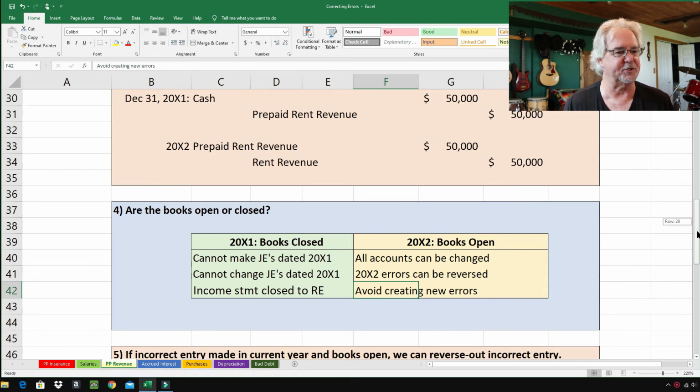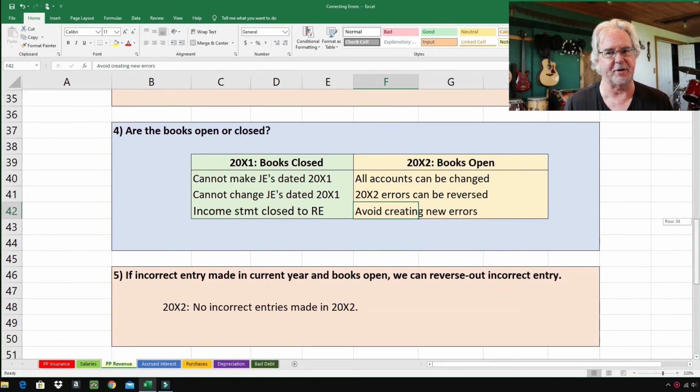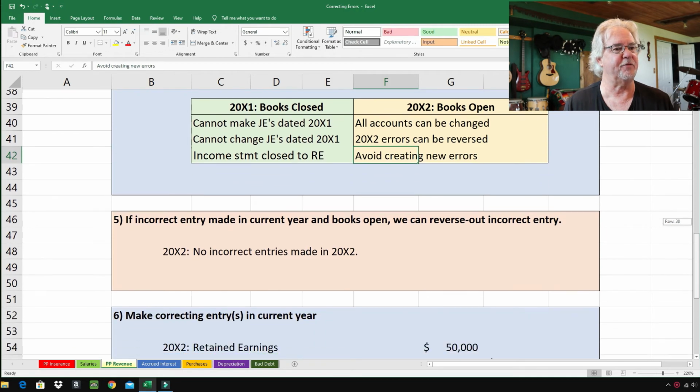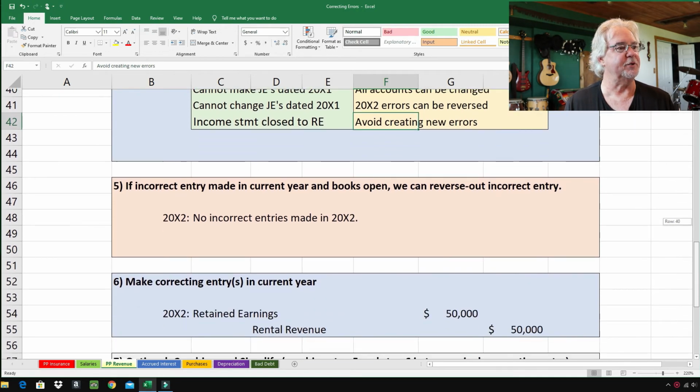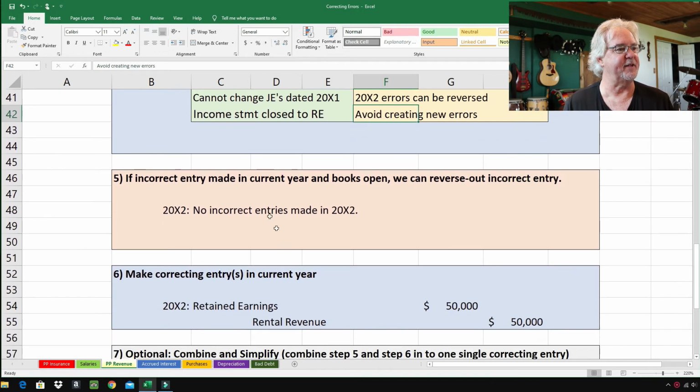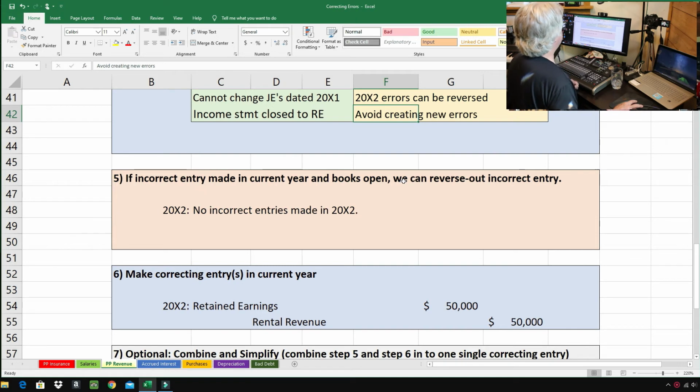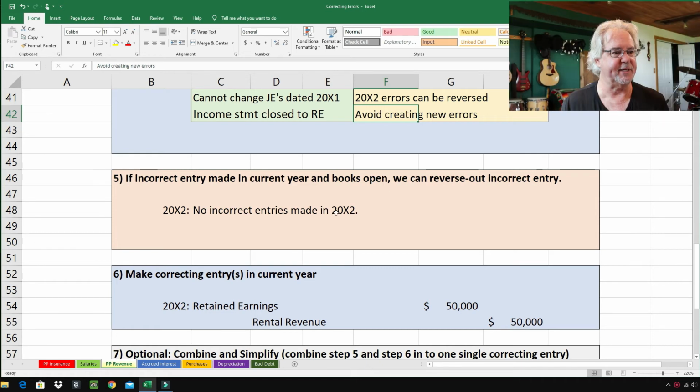But if you make them worse, it's no big deal because you can just reverse out what you did and start over. So step number 5, if an incorrect entry was made in the current year and books are open, we can reverse out the incorrect entry. Now, there were no entries made in 2002 in regard to this transaction, so there's nothing to reverse out. That's too bad because it'd make life a little easier for us.